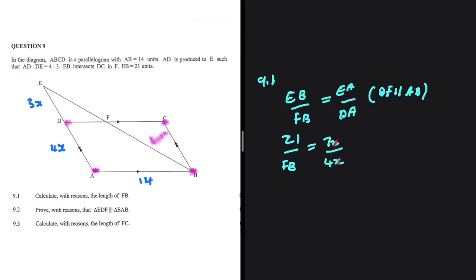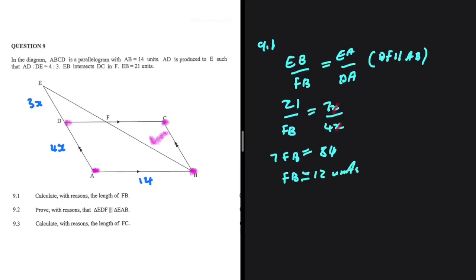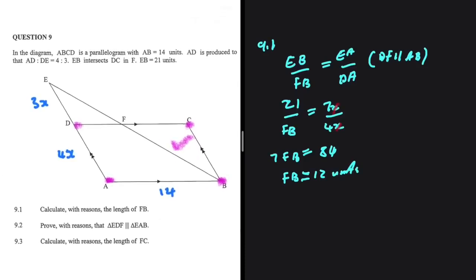If we cross multiply, we get 7FB being equals to 21 multiplied by 4. So we have 7FB being equals to 84. If we divide both sides by 7, we get FB is equals to 12 units. So there we go. We have the length of FB.